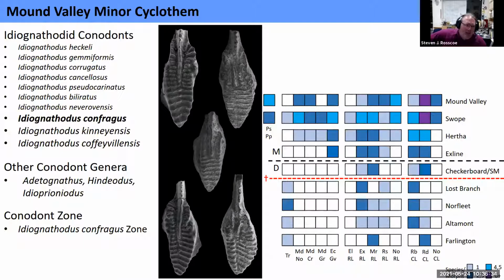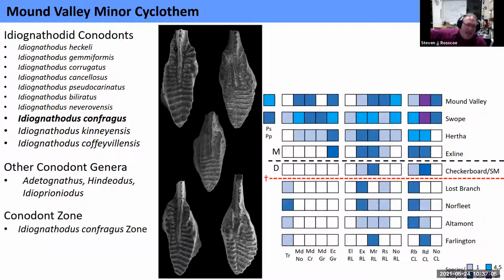In our recent paper, looking at the Kinney quarry fauna, we did identify one of these species that is really unique to the Kinney quarry as far as we know in North America. So that is Idianthodus kinniensis. And we have Idianthodus coffeevillensis as well. Coffeevillensis is a new species represented by the two that you see on the bottom. These are found in both the mid-continent and in strata from New Mexico.